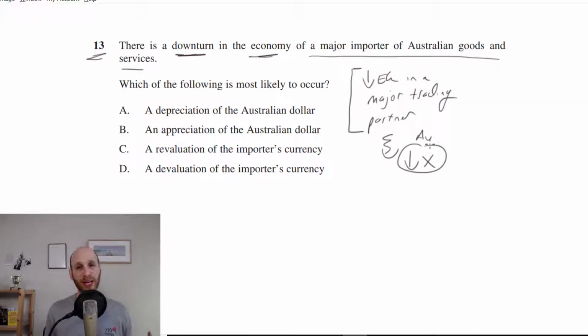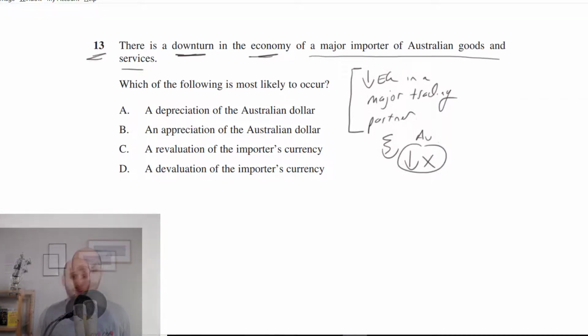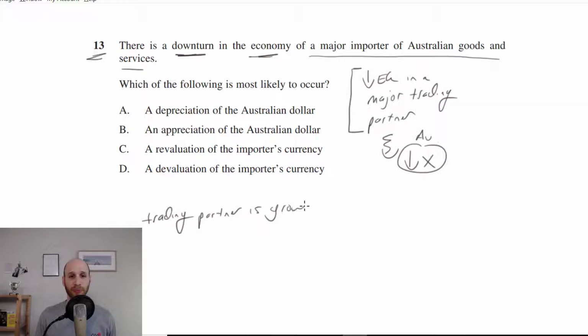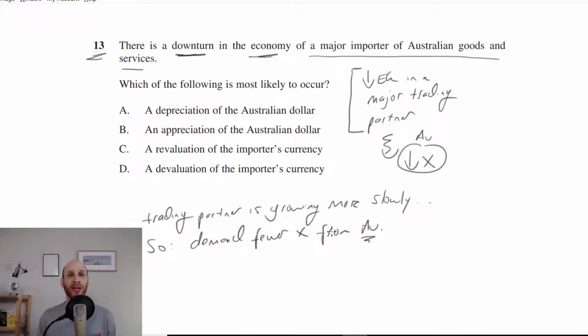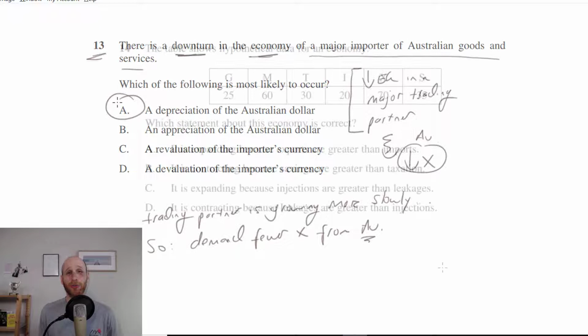Because if the trading partner is growing more slowly, they will demand fewer exports. So if there is less demand for Australia's exports, well then the value of the Australian dollar will fall because people in that major trading partner will need fewer Australian dollars because they're buying fewer exports.